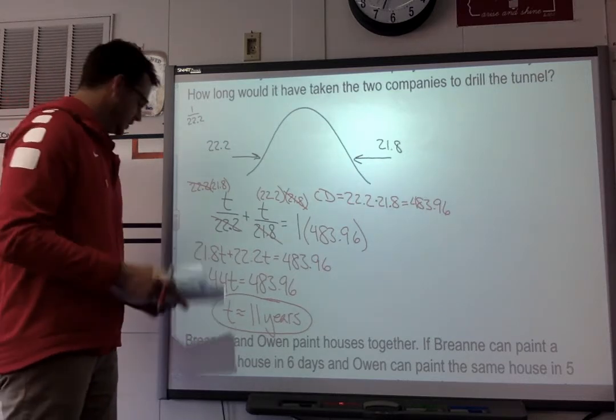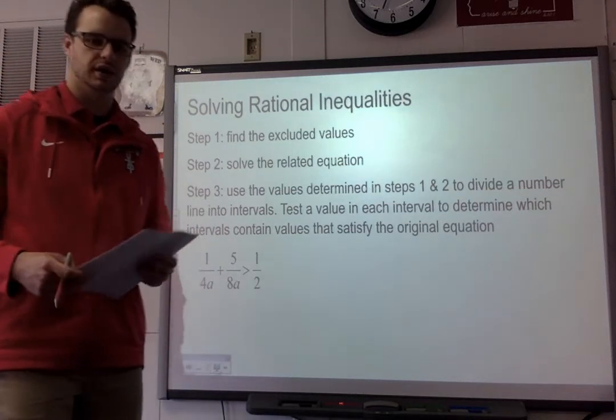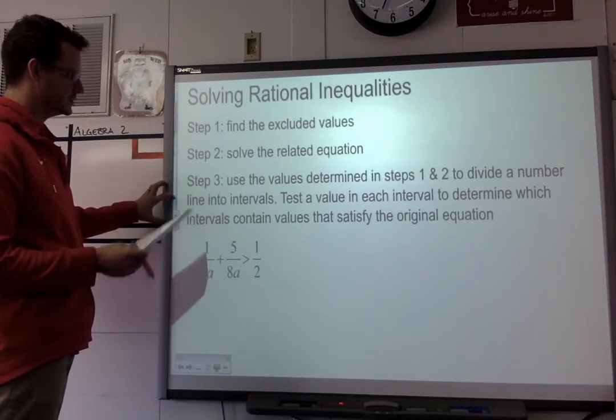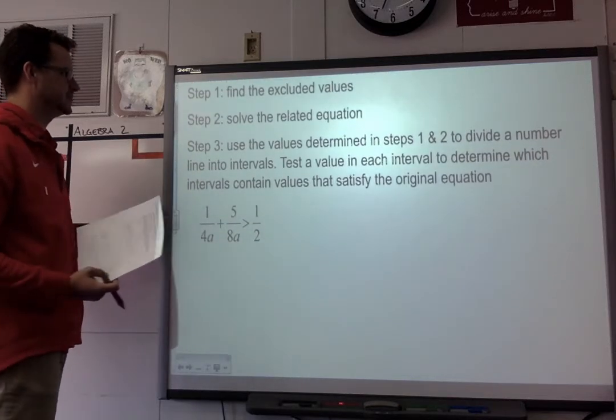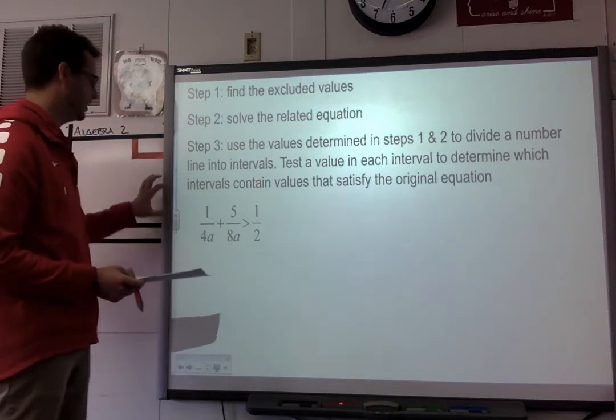All right, so the last thing we're doing here now is solving rational inequalities. This is going to be similar to solving the rational equations, just with a few extra steps added in. So the first thing we need to do is find the excluded values.